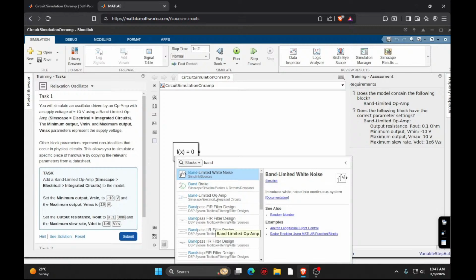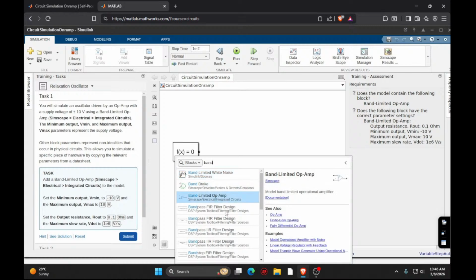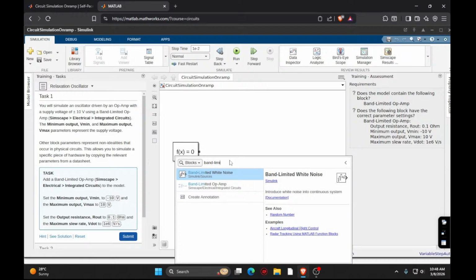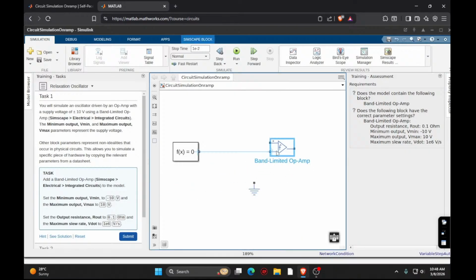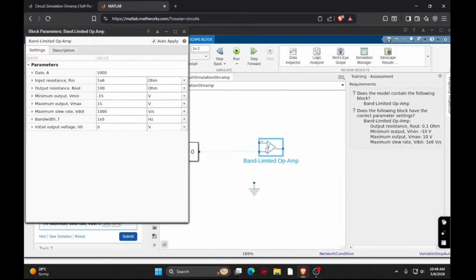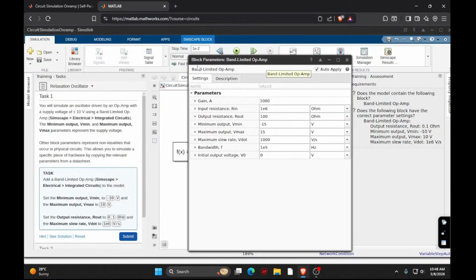Band-limited operational amplifier from skip electrical integrators. Then I have to set the parameters, that is, set the minimum output, that is VMIN, which is V min, has to be minus 10 volts, and maximum has to be 10 volts.